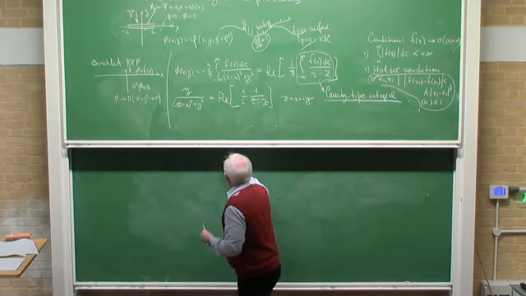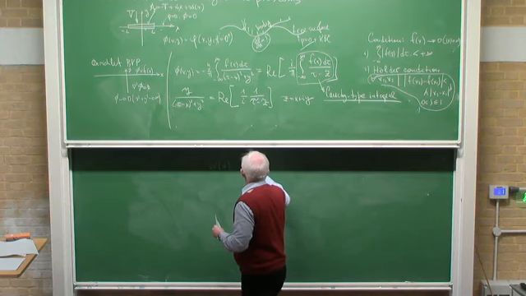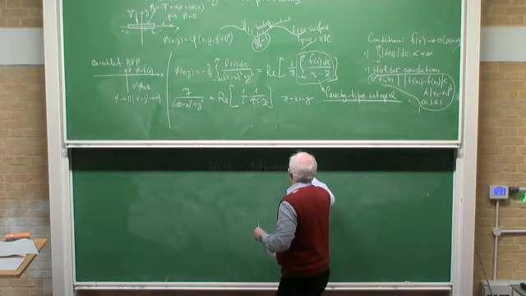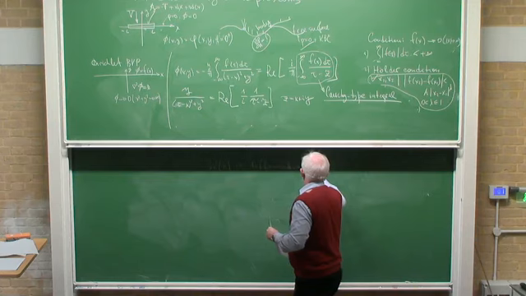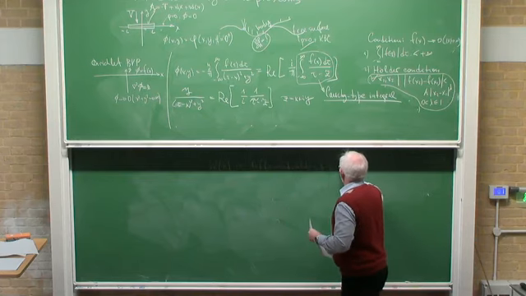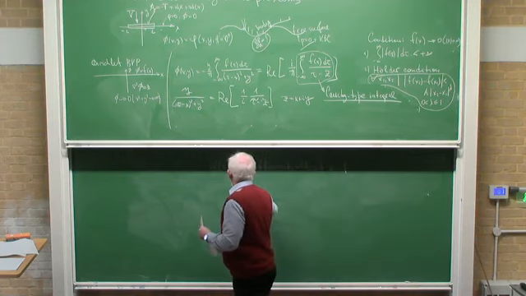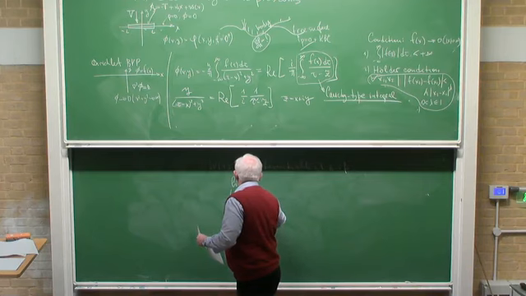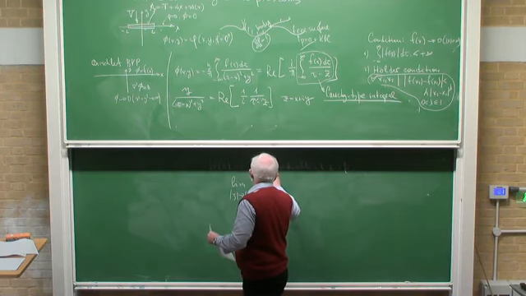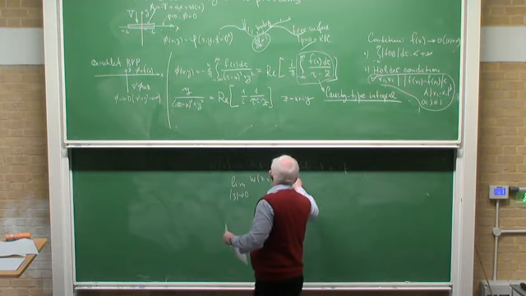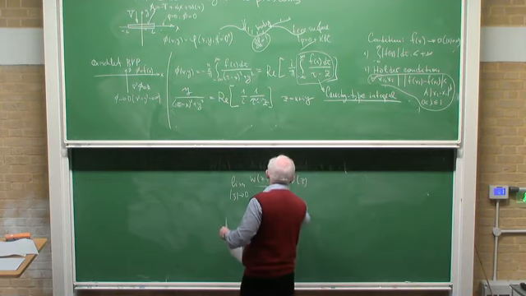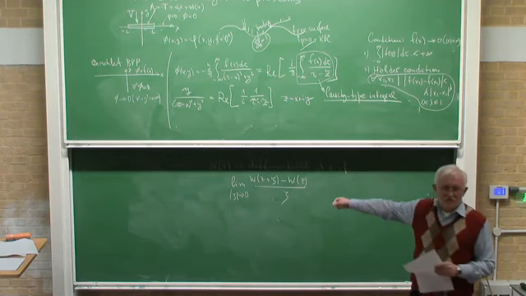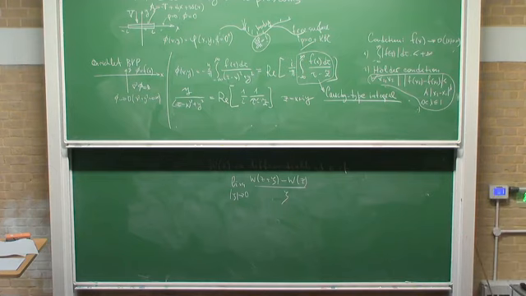So f of z is differentiable at z if the limit as zeta tends to 0 of w(z plus zeta) minus w(z), divided by zeta, the standard limit for the derivative, exists.